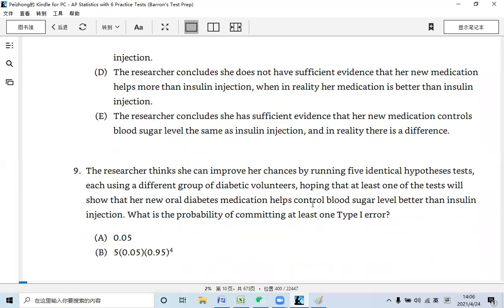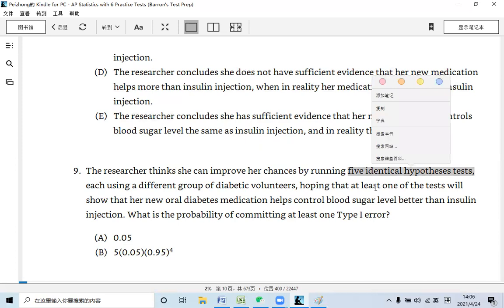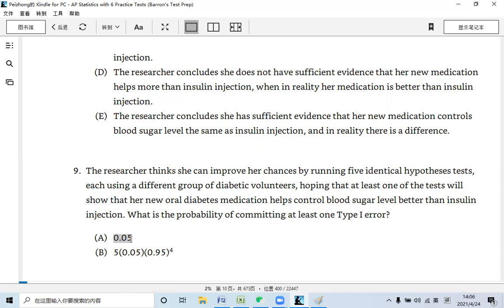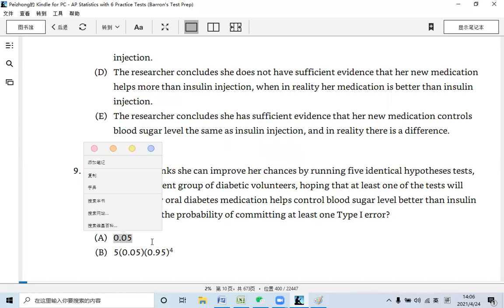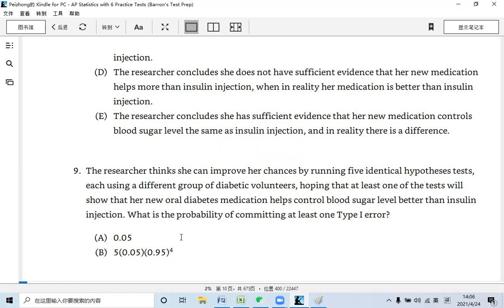And she's doing 5 tests, 5 identical. She's doing the same study 5 times with different subjects. For each one test, she has a 5% probability of making a type 1 error.